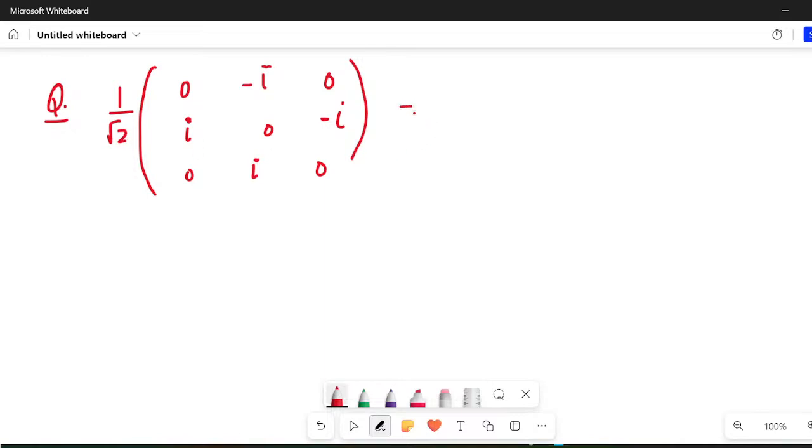Let us say this is H. Try to determine the eigenvalues. I am waiting for you. Please write in the comment section what the eigenvalues would be. Just do it.